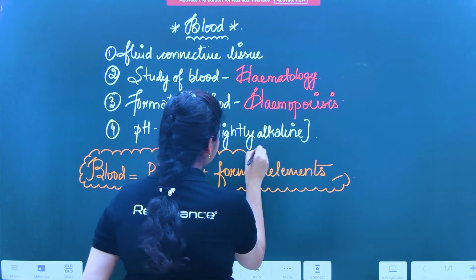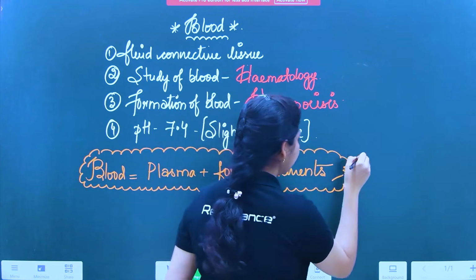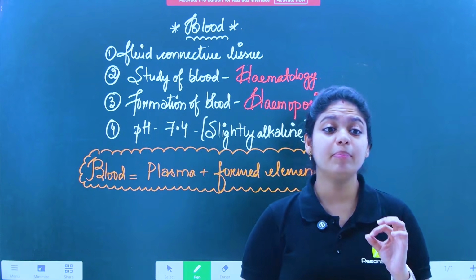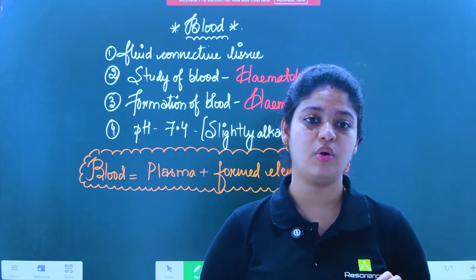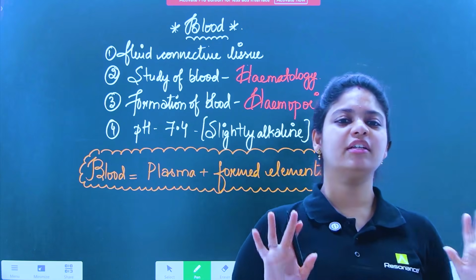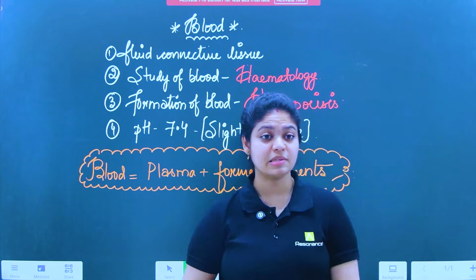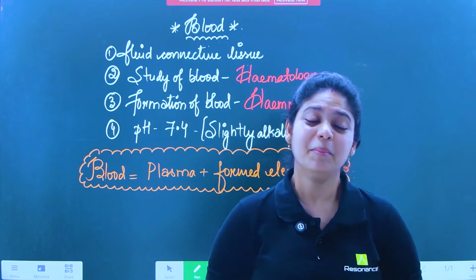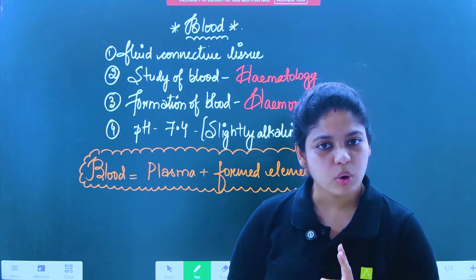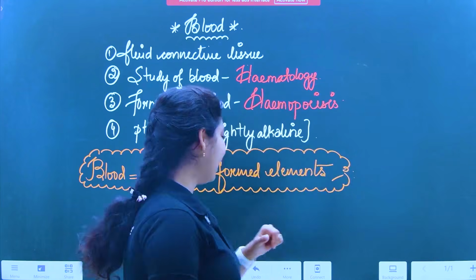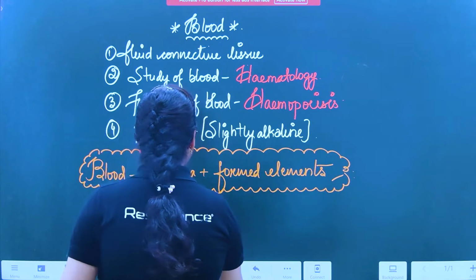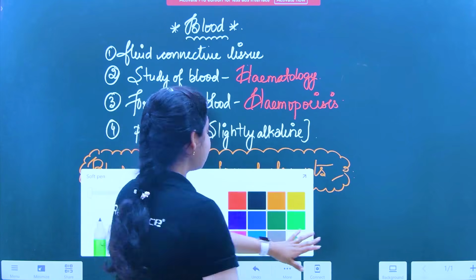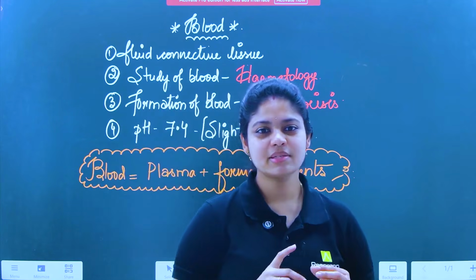So, coming to the composition of blood, you should know that blood is composed of plasma and formed elements. Now you must be having a doubt, ma'am, what is plasma? What are formed elements? Do you know a process called centrifugation?